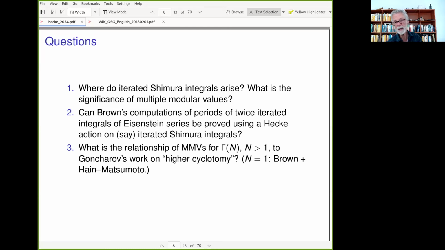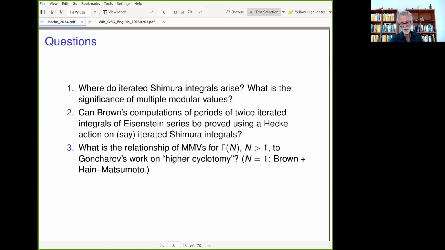Right. And so in the n equals 1 case, basically Francis Brown, myself, and Makoto Matsumoto sort of answered this question, somehow tried to explain how modular forms influence multiple zeta values, for just the standard multiple zeta values. And the answer is somehow contained in the fact that an elliptic curve degenerates to a nodal cubic.